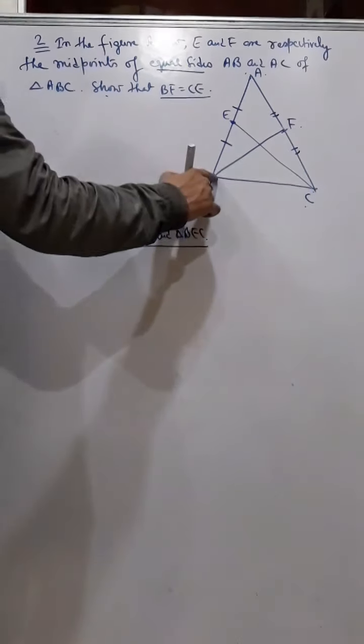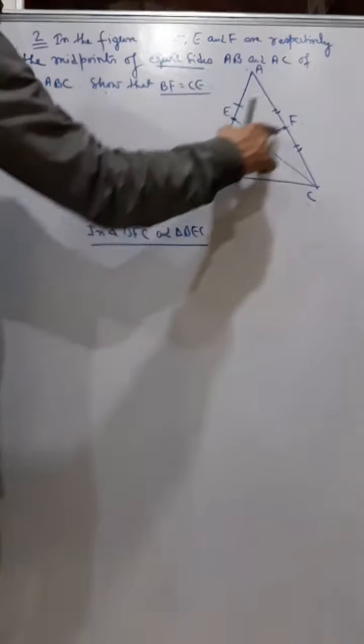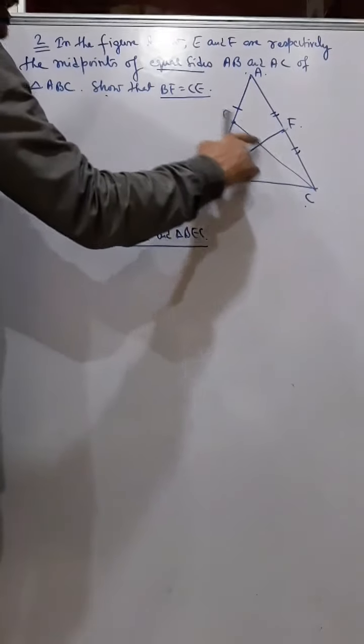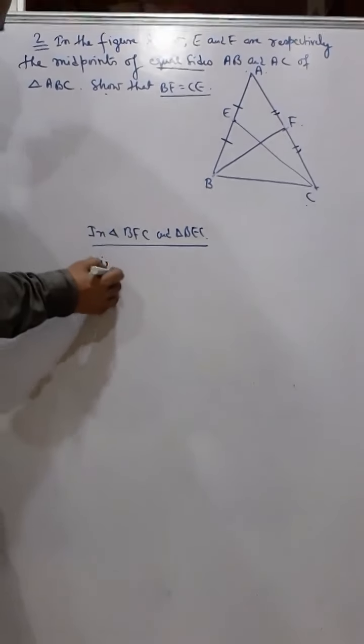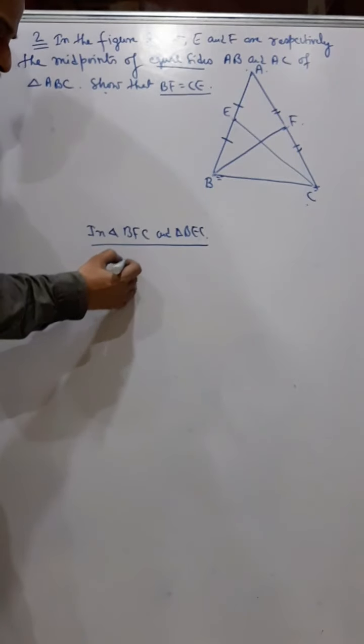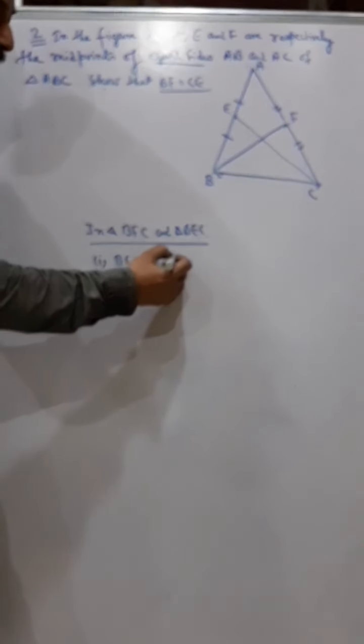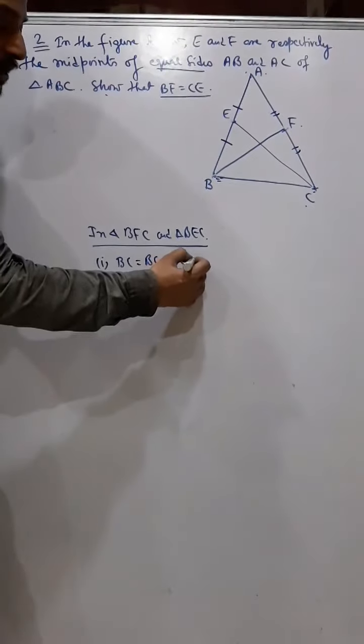We have to prove these two triangles congruent, this triangle BFC and this triangle BEC. So for that we require three elements to be proved. Number one, the first thing we can see is that in both triangles this side BC is common. So we can simply write BC equals BC. Here we will write common.